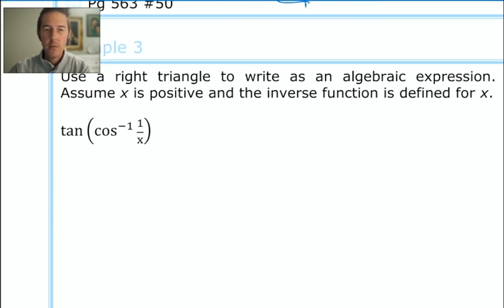So the range of the inverse cosine function is the domain of the original restricted cosine function, which went from 0 to pi.